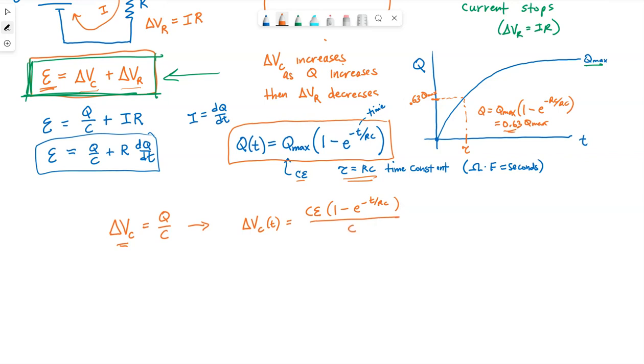And then we have to divide by C. This equation is back from when we talked about capacitors in general. So it's not written again in this section of the notes, because we've already covered it. We can now take this new equation for charge and write an equation to represent the voltage across the capacitor as a function of time.